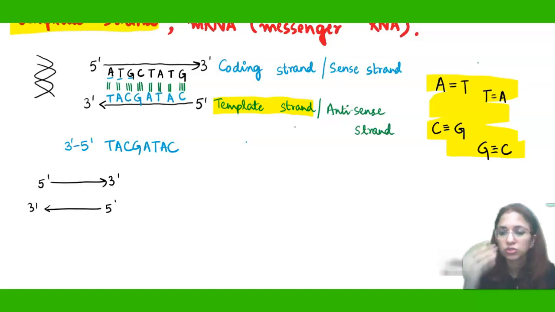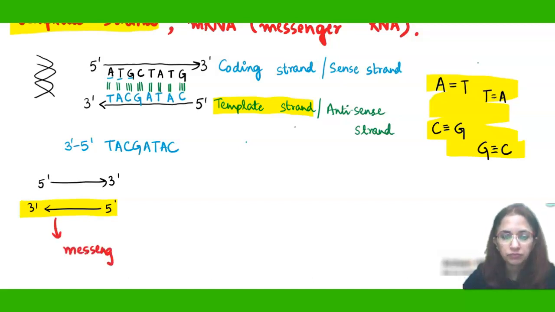That means the two strands of DNA are anti-parallel to each other, meaning the base pairing rule will be followed, and that's how we do the bases, right? Another important thing: the template strand would be the one serving as a template for the synthesis of the messenger RNA. Right?